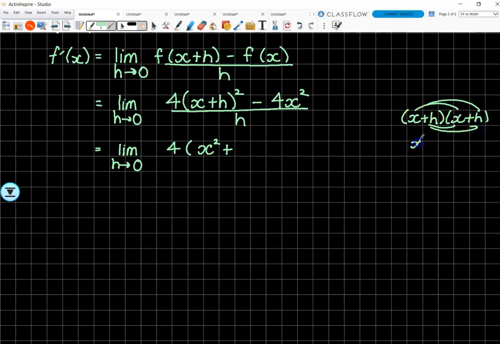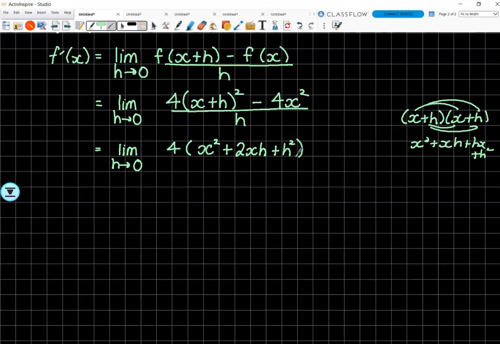X times x, we get the x squared, we get the plus xh, we get another hx, we get an h squared, and then we remember, oh yeah, when we've got a perfect square, it's that squared, x times h, double it, and h squared.